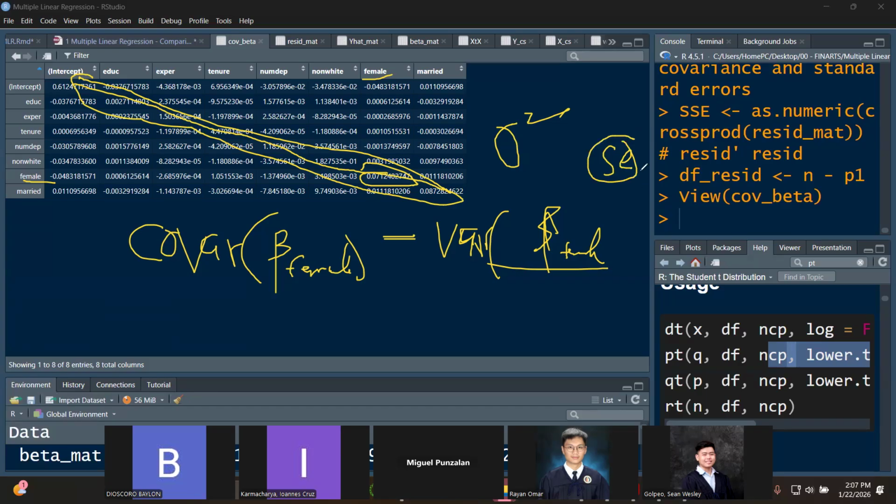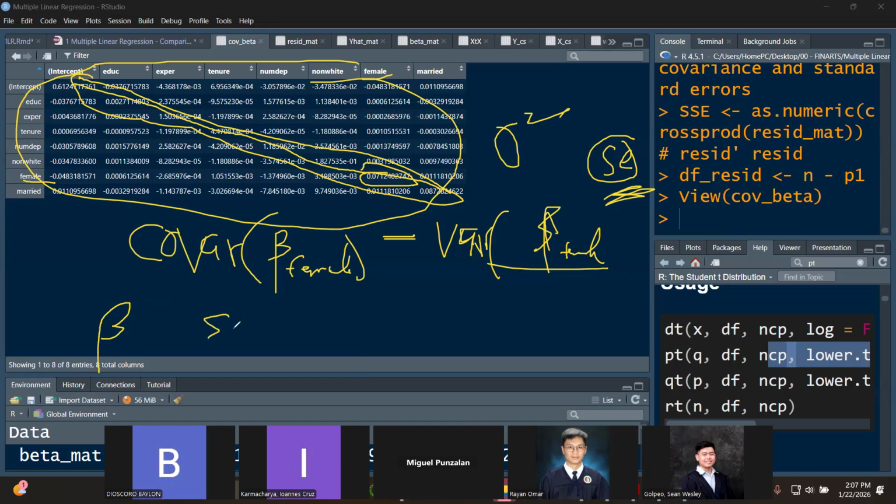So how do you compute your standard error? You have to get the variance covariance, class, and then get the diagonals, class. Get the square root of that to get your standard error. Why do we need the standard error, class? Because we will need it for the table: beta, standard error, t-value, p-value, right?